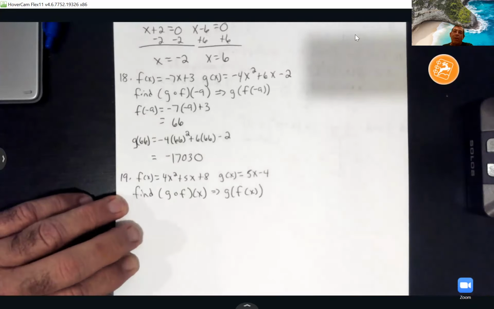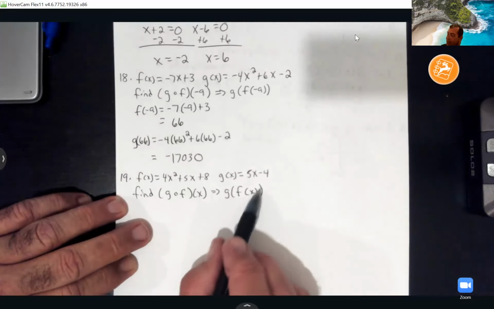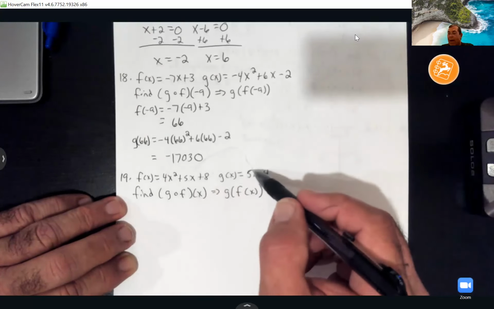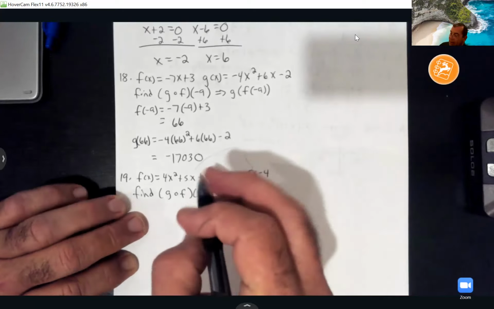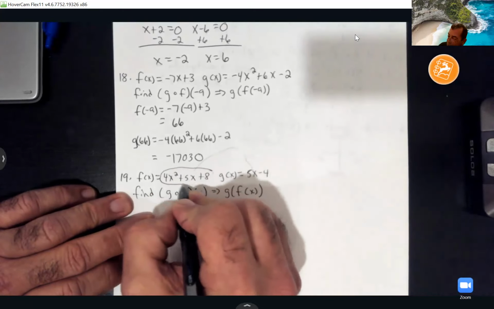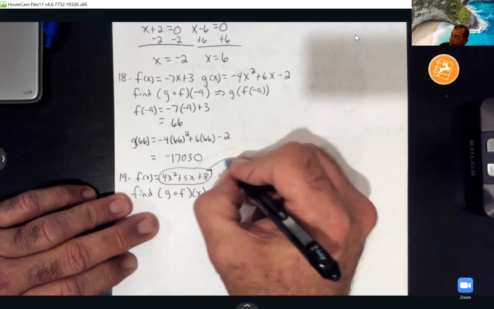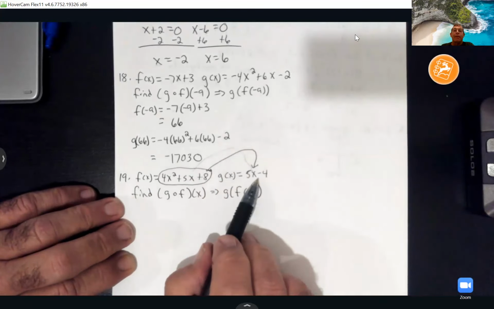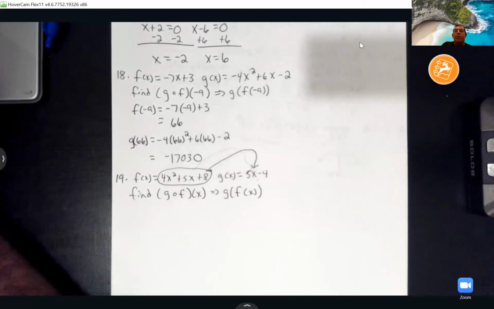So since I don't have numbers to plug in, all I can do is take my f equation right here and plug it into my x. Y'all, you're going to take this whole f equation and plug it in for that one x. Okay? So let's see what that's going to do.